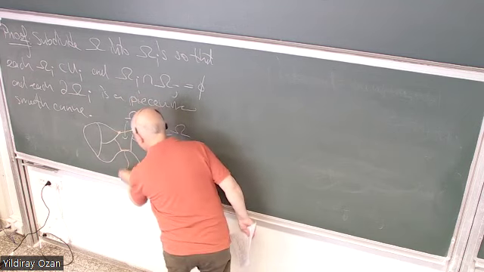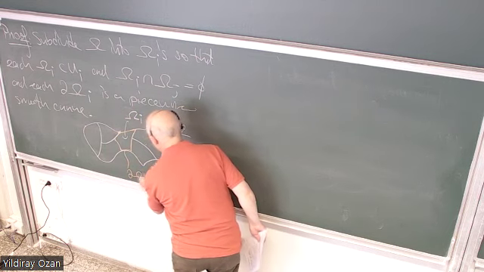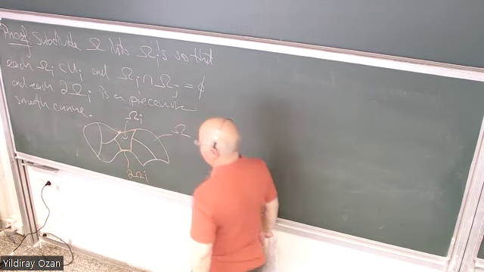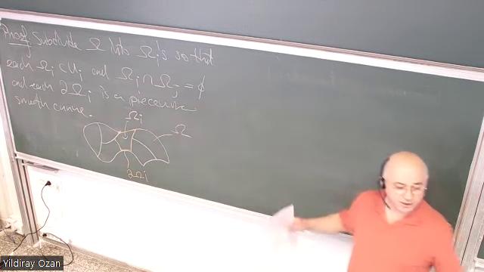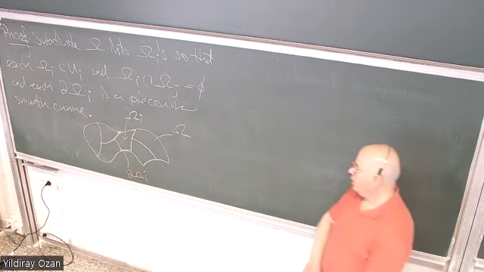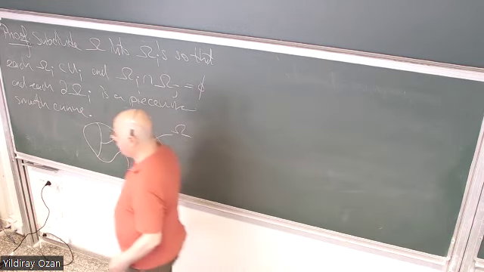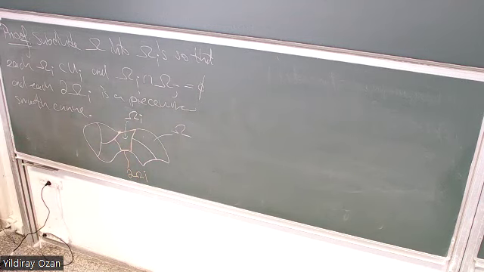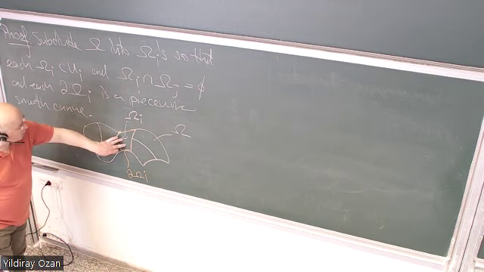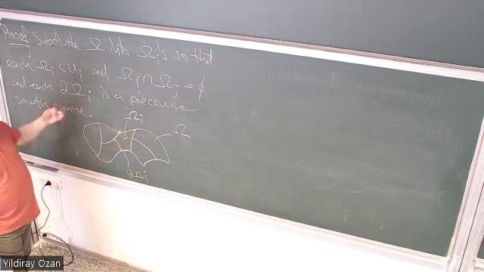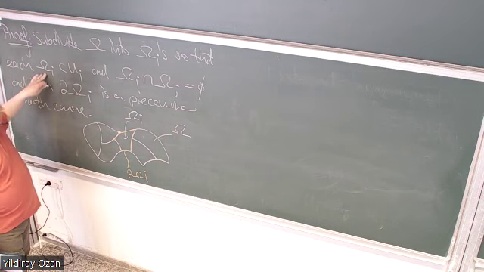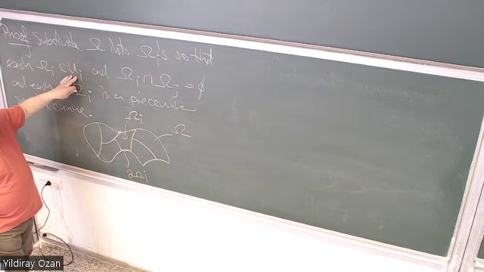So this is the boundary of omega i. Interiors are disjoint, but the boundaries are piecewise smooth curves like this. And each one is contained in an open set, so each one is contained in a coordinate system.